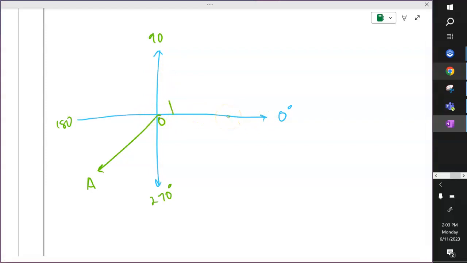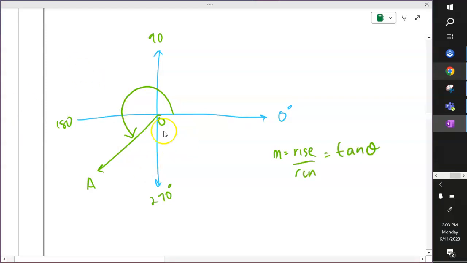So my degrees for that vector would be 90 plus whatever angle that is in there. And I can find that angle in there using my m, which is rise over run, which equals tan theta. So there's a little bit of work I need to do, but I can do that based on my maths from year 9 and 10.